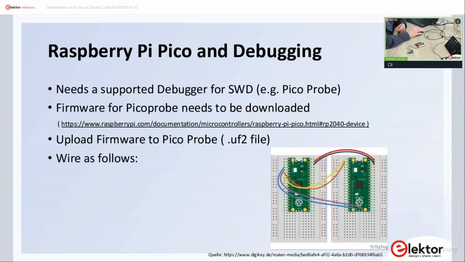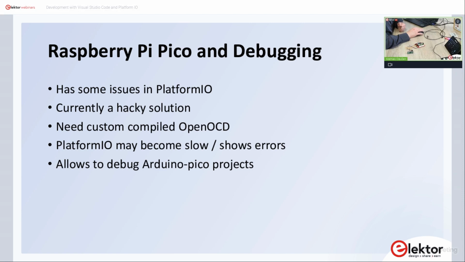So standard wiring, and you're good to go. You will get the debugger, and you will also get a serial interface. But as said, it has some issues. Currently a little hacky solution, but they are working on that.